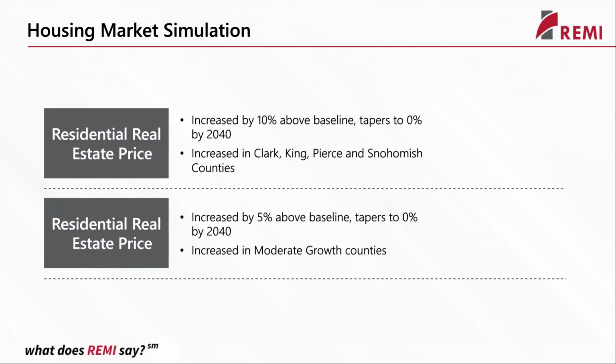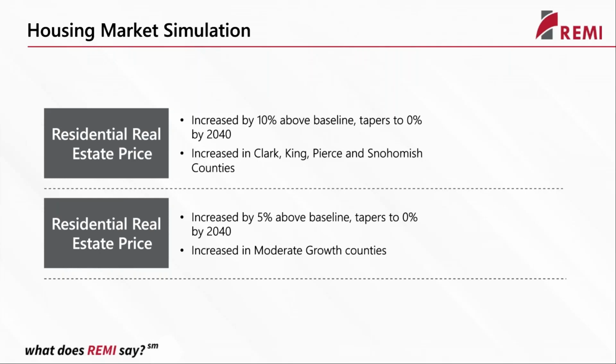The model in that baseline has a few percentage points increase in housing prices, and so this replicates a large shock to housing prices in 2020, which we've already recorded, but then also a lasting effect that continues over time.